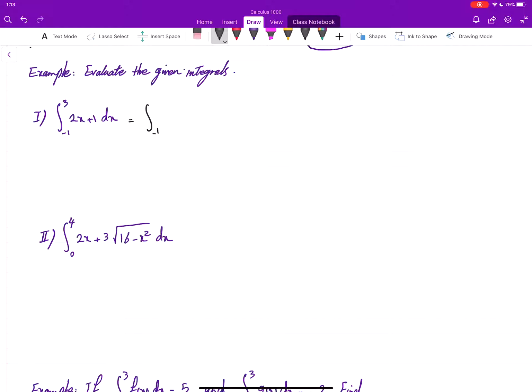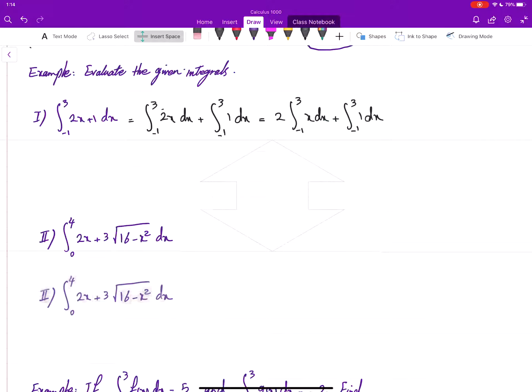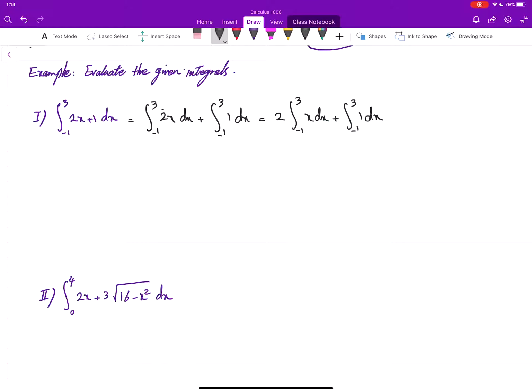I can separate these first using the additive property, and then there's a constant, I can put that out: 2 times the integral of x dx plus the integral of 1 dx. You may say that I could have done this from the beginning, but in some cases this is just practice. In more cases, separating will be very helpful, as we will see in the second example.